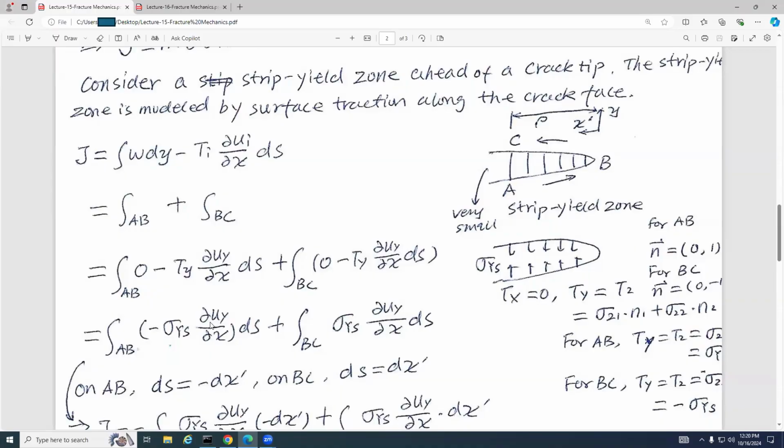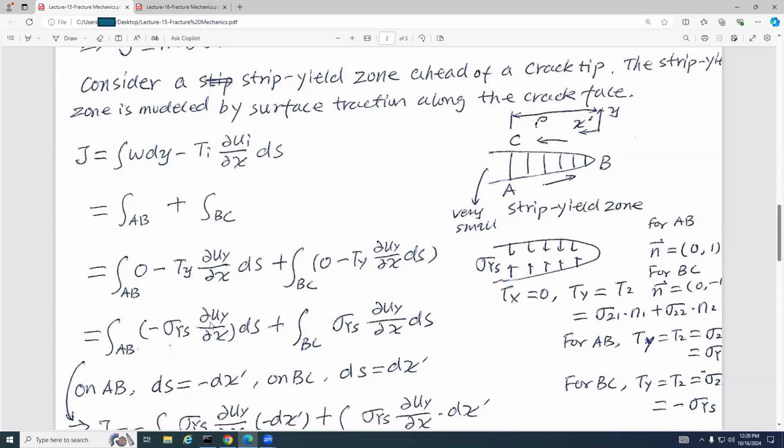Now J is a dummy. Dummy means summation. And it equals sigma 1,1 n1 plus sigma 1,2 n2. Right? I know that. So on this surface n1 equals 0 and n2 equals 1.